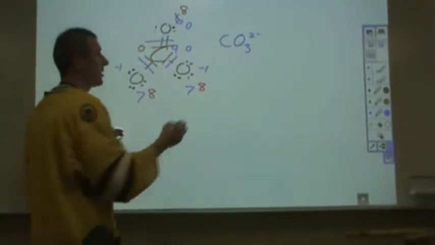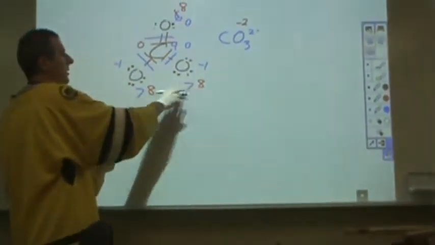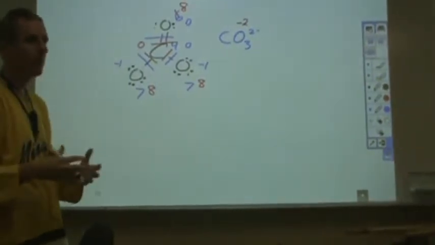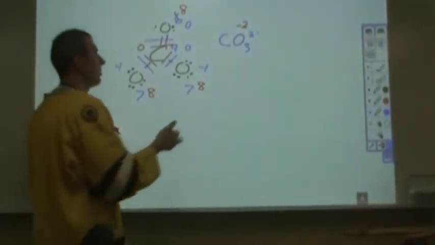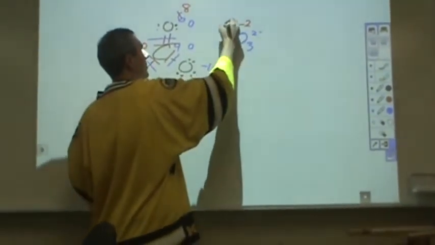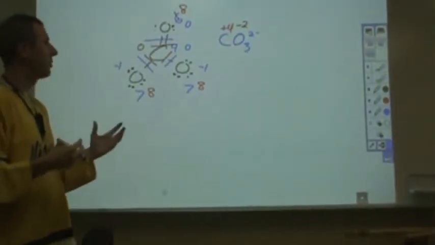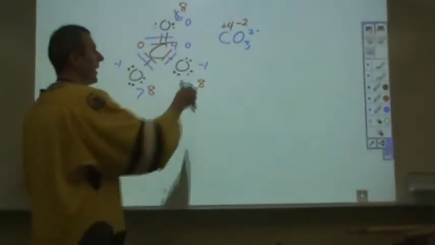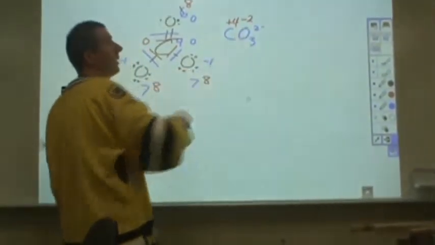So, according to oxidation states, every single one of my oxygens has a -2 charge. It has 8 valence compared to 6 valence that it would normally have. It has 10 electrons instead of 8, an additional 2 compared to its protons. In this case, the carbon only has its 2 core electrons, it's missing 4 electrons, so it has a +4 oxidation state. And if we add up +4 plus -2 plus -2 plus -2, of course it adds up to the 2- charge.